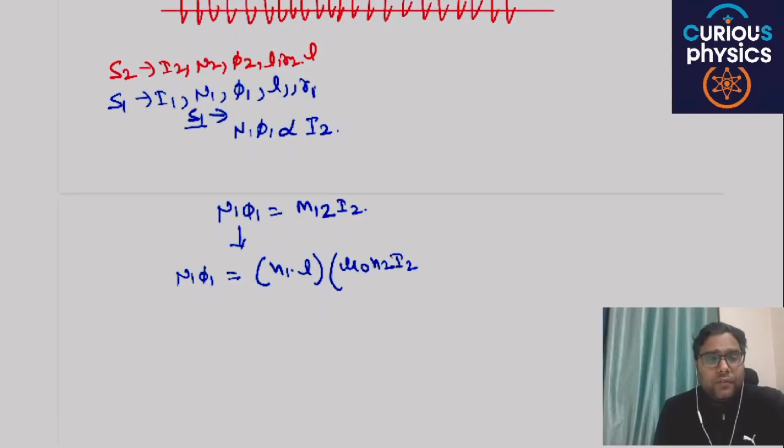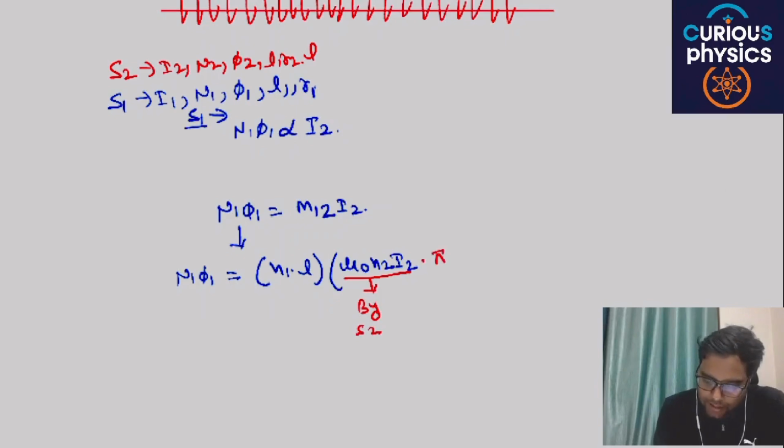This is the magnetic field at the center by solenoid 2, by S2. Area will be pi R1 square. Are you able to understand my point or not?